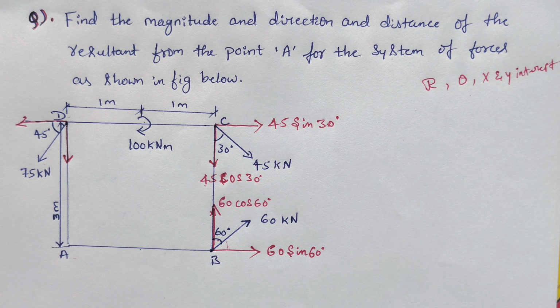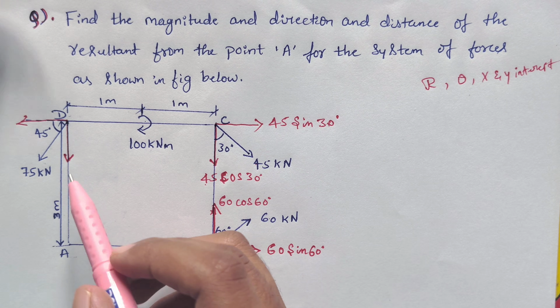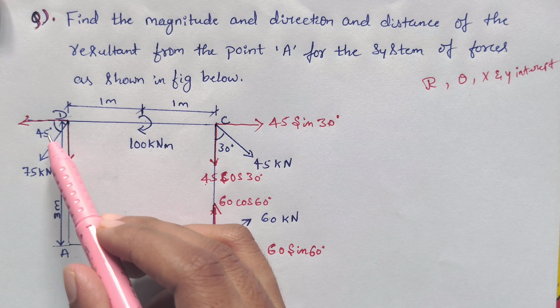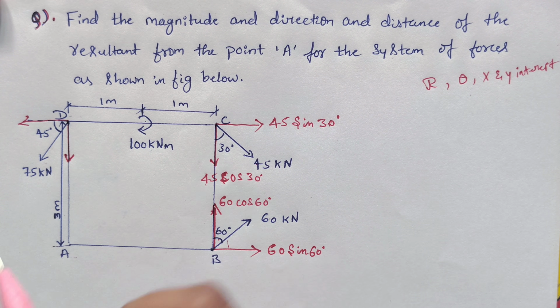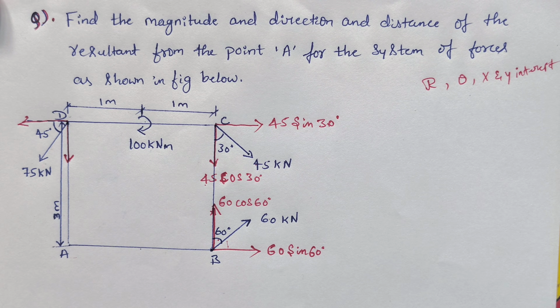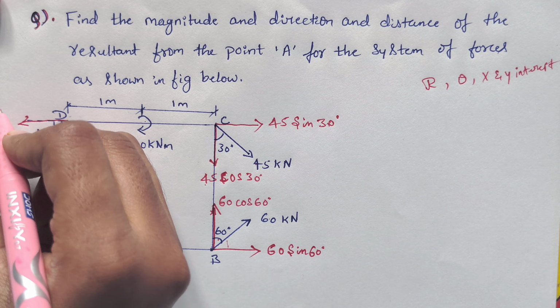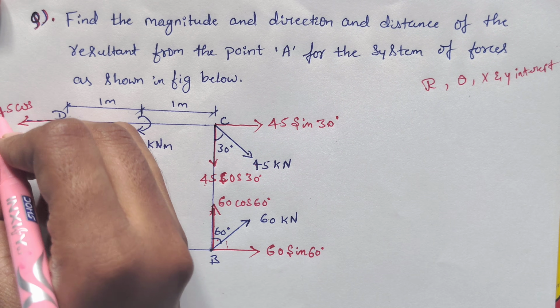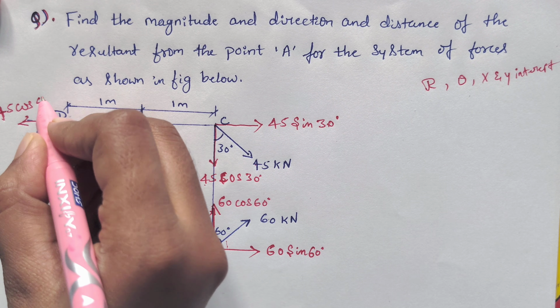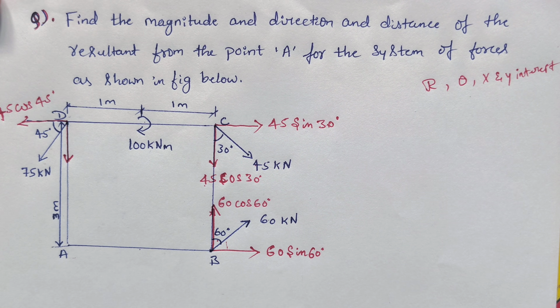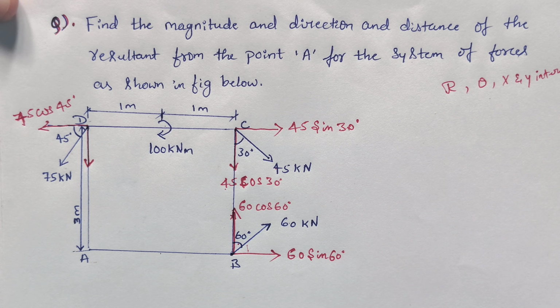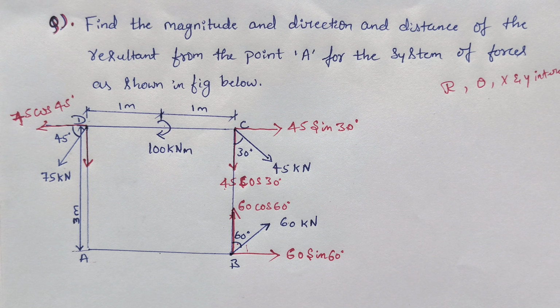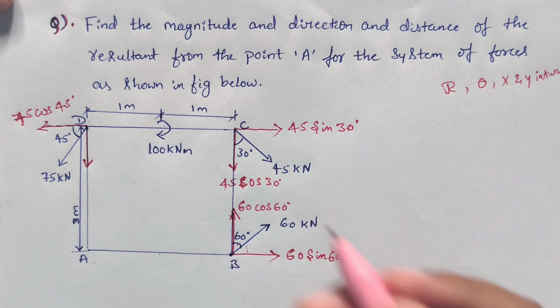Come here. So this force is making an angle with respect to x-axis. Then the horizontal component will be cos. That is 75 cos 45 degree.